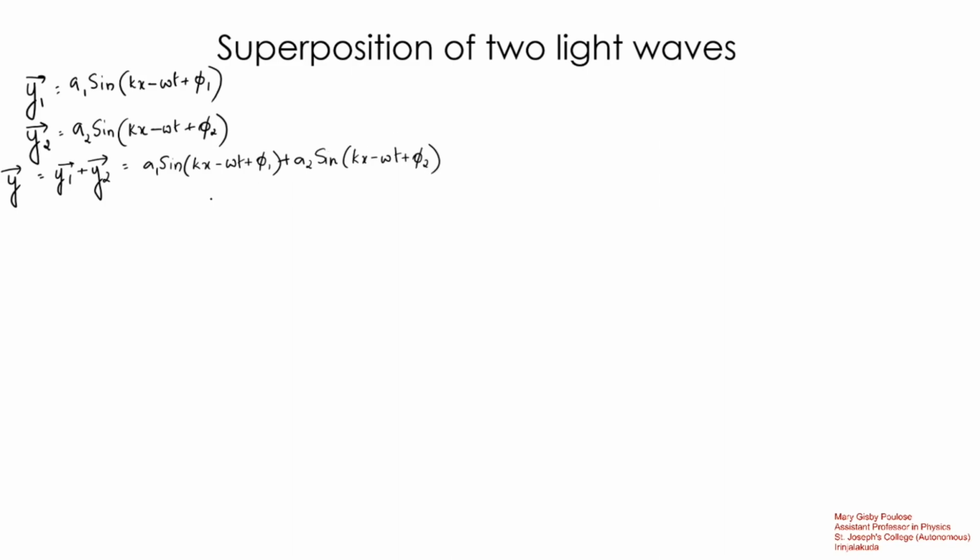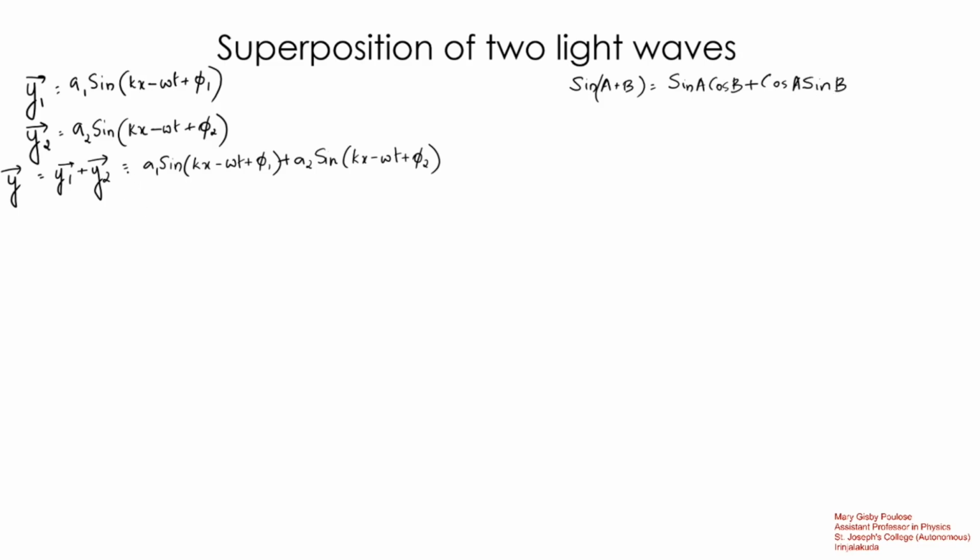Now here we can look at the sine term as sine of a plus b, and we have this trigonometric relation: sine of a plus b equals sine a cos b plus cos a sine b.